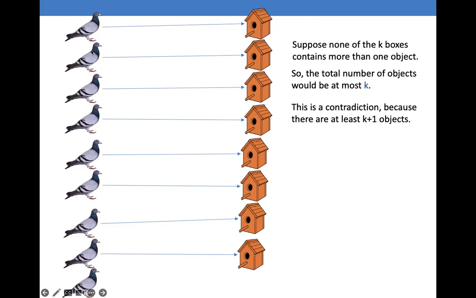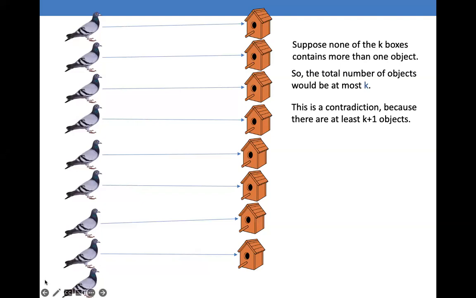So if we have 8 pigeonholes, then the total number of possible pigeons that would be placed in these would also be at most 8. But this leads to a contradiction because there are at least K plus 1 objects. As you can see here, we actually have 9 pigeons. So it is not true that none of these boxes will contain more than one object.